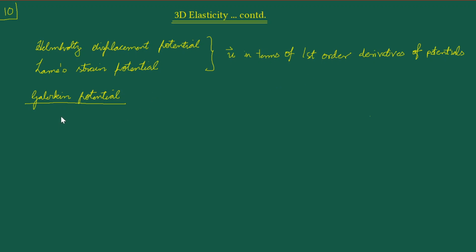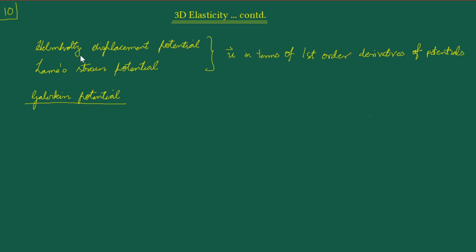Another important thing which Galerkin mentioned was that this representation can be done in terms of a single vector potential. So immediately you can see that there are certain important differences with both the Helmholtz and the Lamé strain potential.